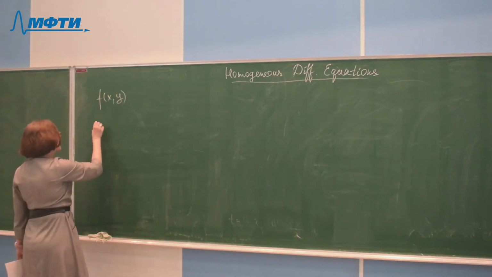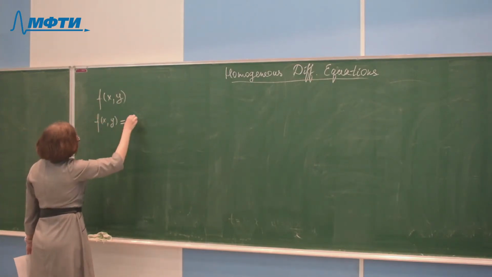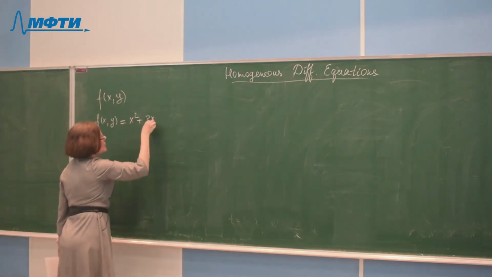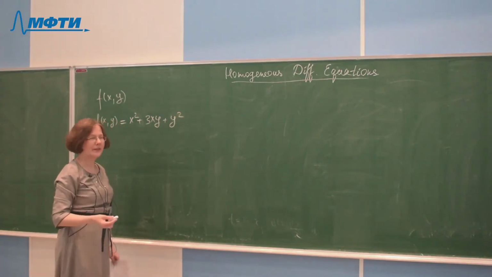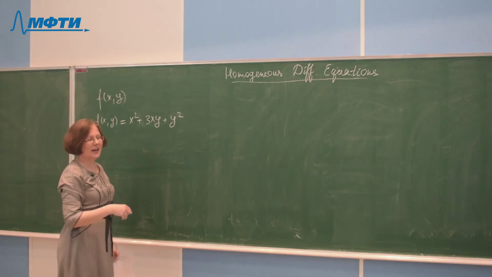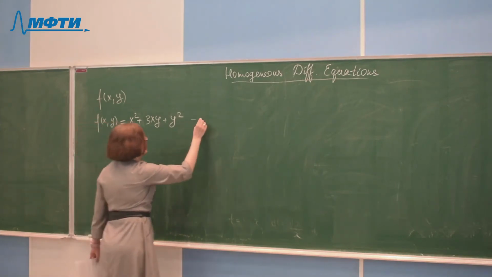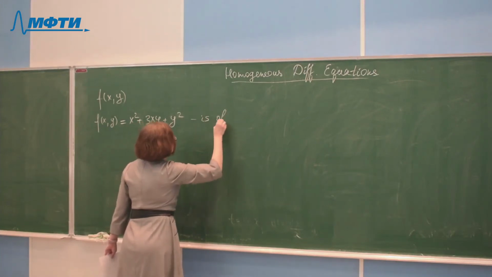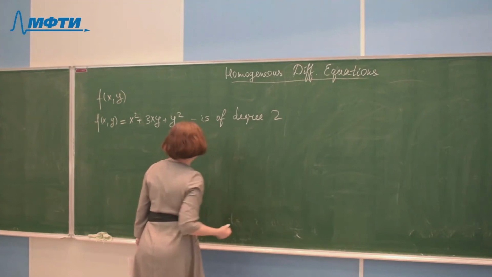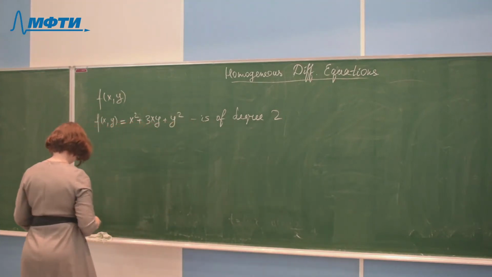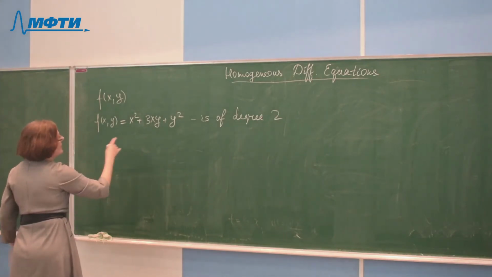For example, if we have a polynomial, maybe x squared plus 3xy plus y squared, this function is a polynomial of degree 2.